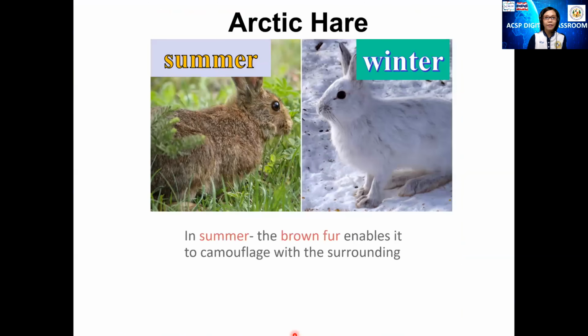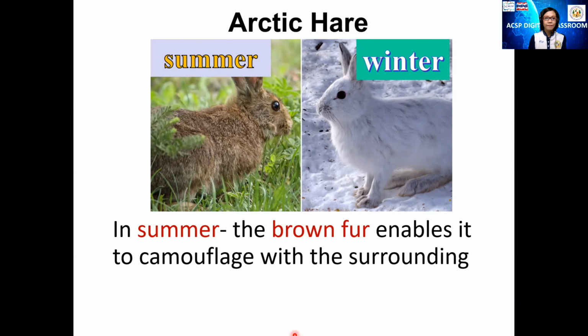This is the Arctic hare. The Arctic hare can change between brown fur and white fur. In summer, the Arctic hare has brown fur to help it camouflage with the surroundings, because in summer there are dried leaves and dried branches of trees.